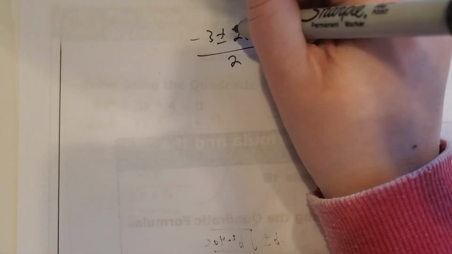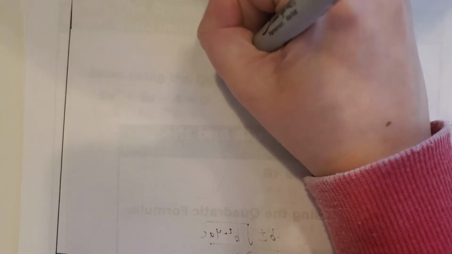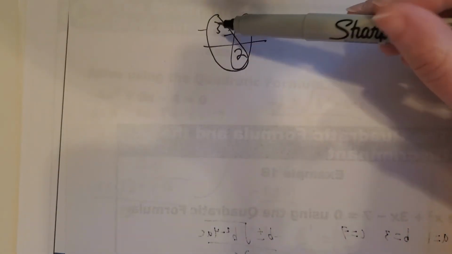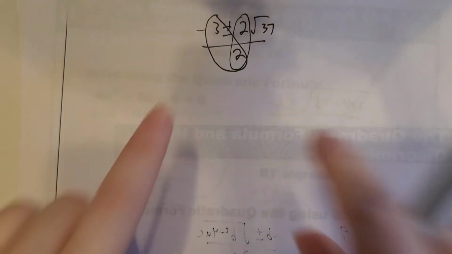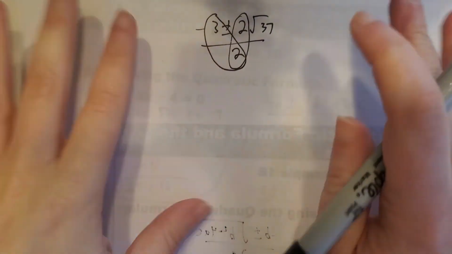So that means you not only have to be able to divide 2 by 2, but you would have to be able to divide -3 by 2 as well. 2 divided by 2 works out nicely, but -3 divided by 2 doesn't. So in that situation, this is another type of problem that you would have to leave as is and be done with it.